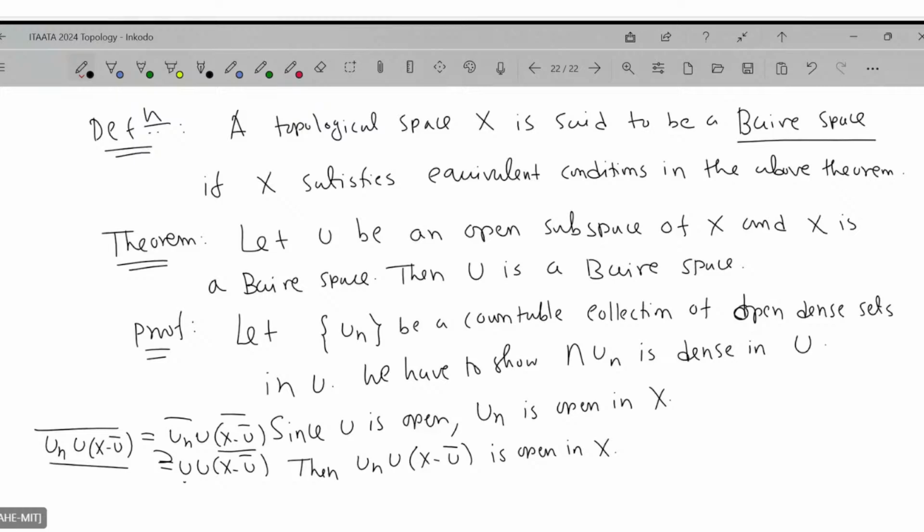And the second thing is that it also contains X minus U closure.